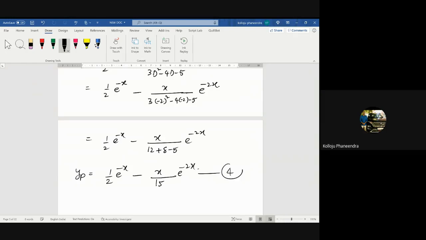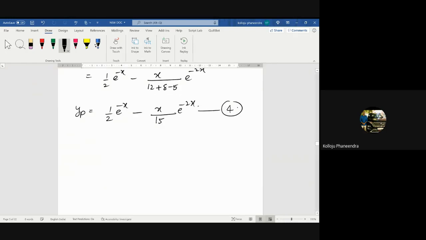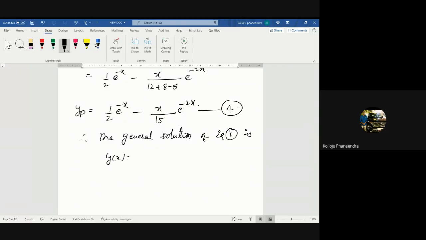This is equation 4. Therefore the general solution of the original equation 1 is y of x equal to Yc plus Yp.